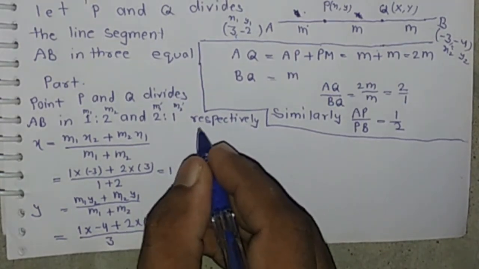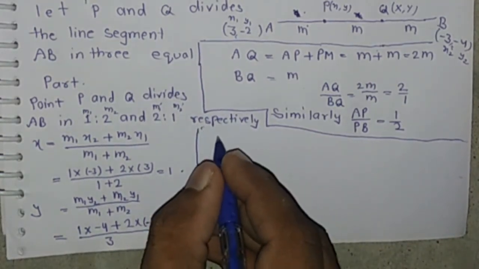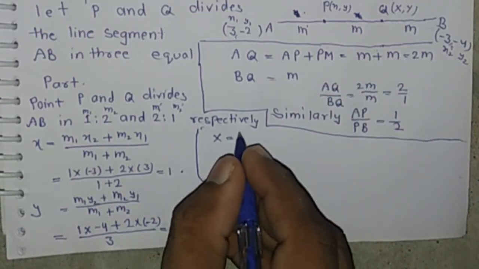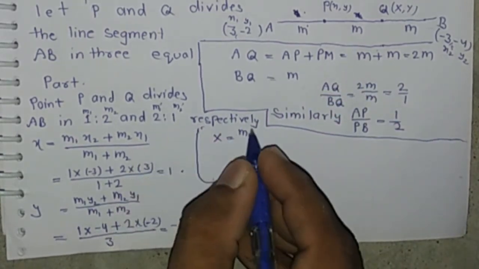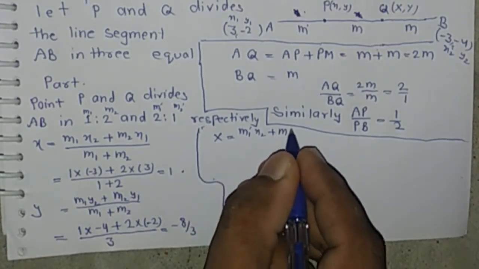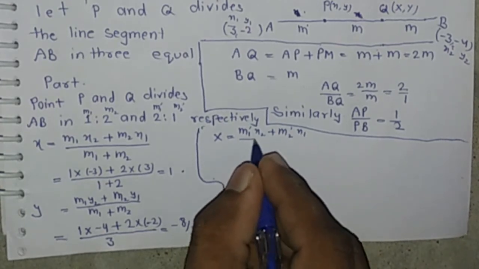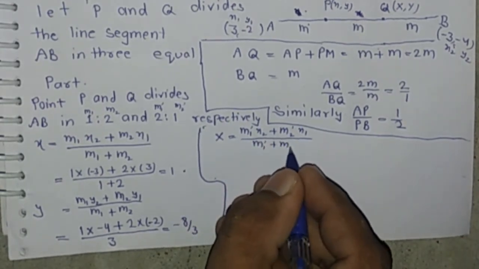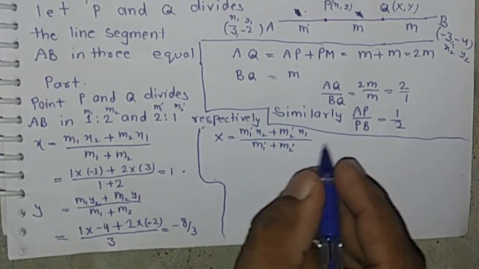Second point, capital X is equal to (m1 dash x2 plus m2 dash x1) by (m1 dash plus m2 dash). Put the values.